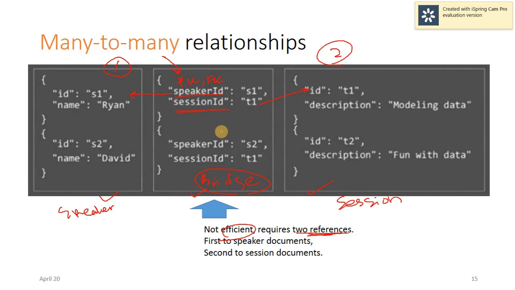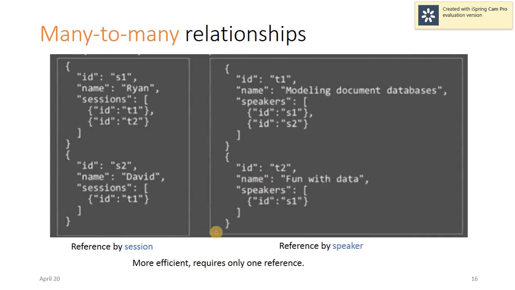How are we going to make it more efficient is by using only 1 reference here. You need to put the foreign key or the document referencing key inside here. So for example, you have two collections here, reference by session and also reference by speaker. So if you have speaker 1, that is Ryan, you will go directly to refer to the session here.